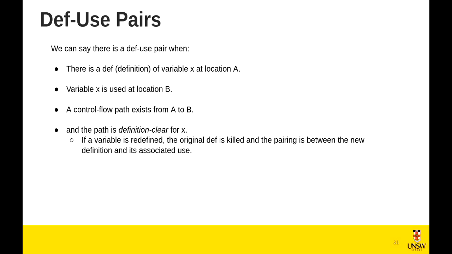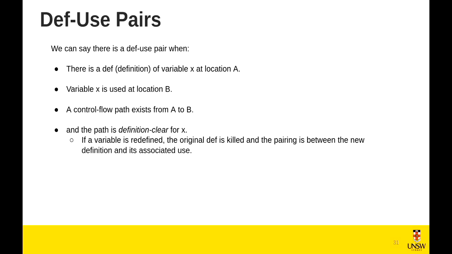If there's no such path, then it is not considered a def-use pair. So although we are dealing with data flow, we have to use the control flow graph again, because if we just randomly pair things up, we will get a lot of infeasible or never reachable pairs. That's why we need to follow the control flow graph path.